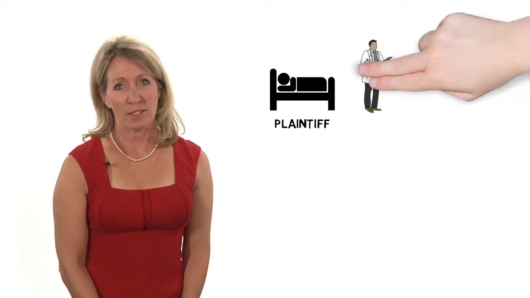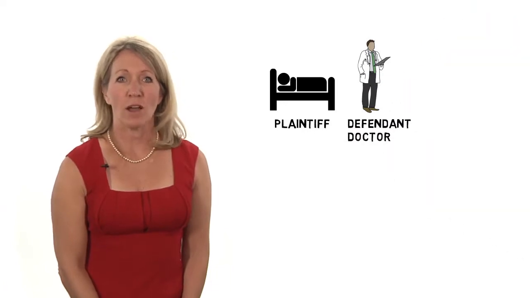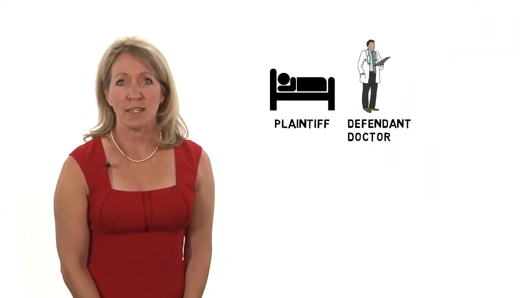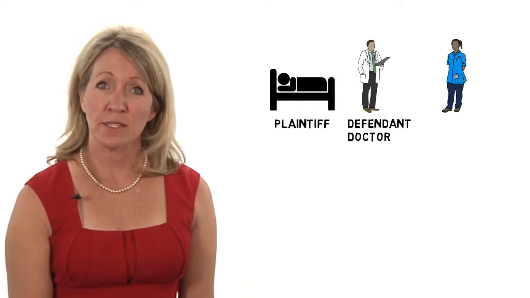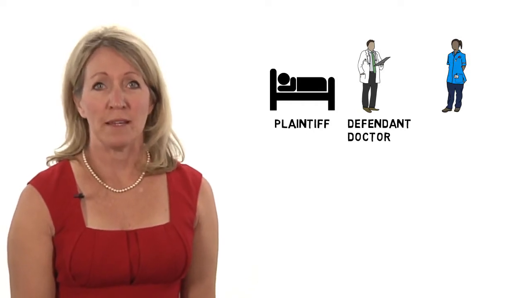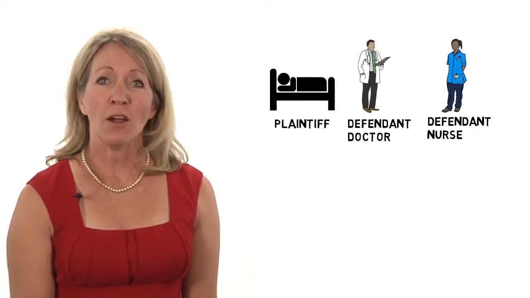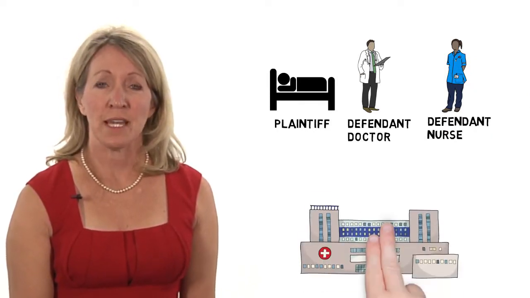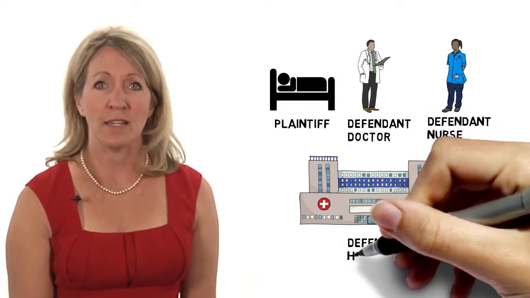Second, the doctor or doctors who the patient believes or alleges has caused them harm will be known as the defendant doctor. The third party is the nurse or nurses, who the patient also believes or alleges has caused or contributed to their harm. They are known as the defendant nurse, and the hospital or institution who employs them will be known as the defendant hospital.